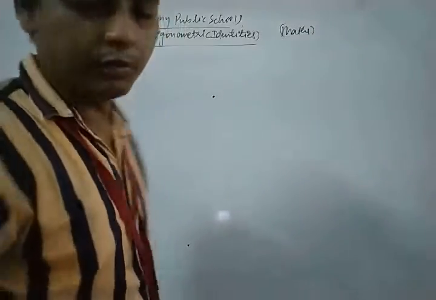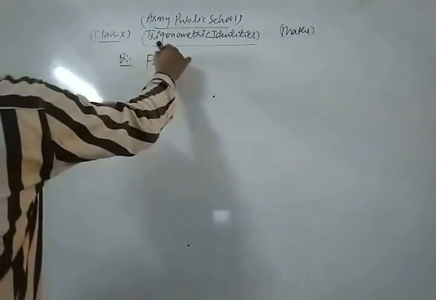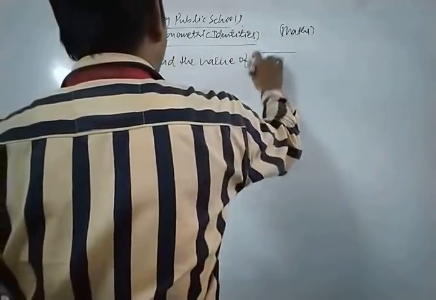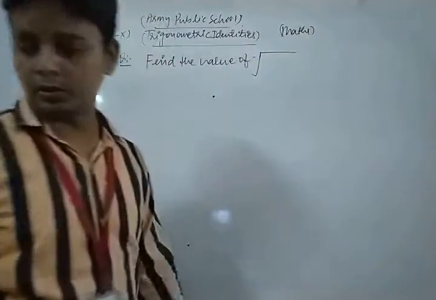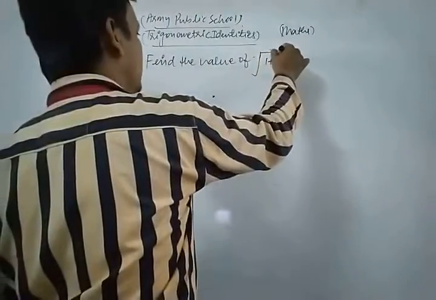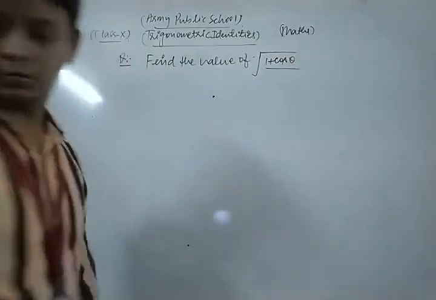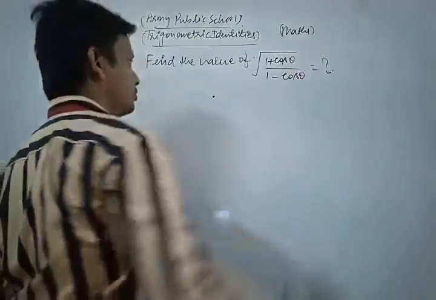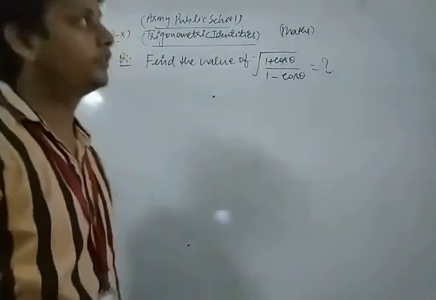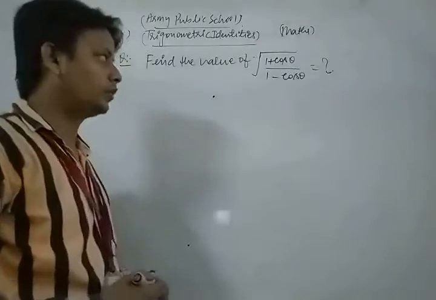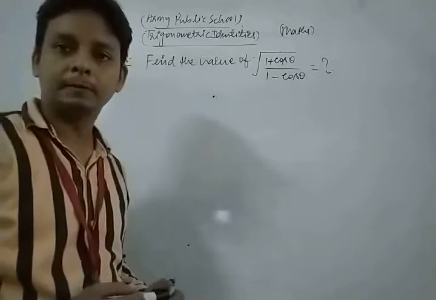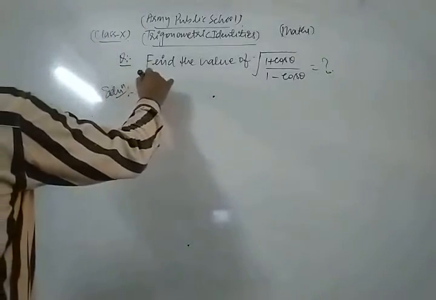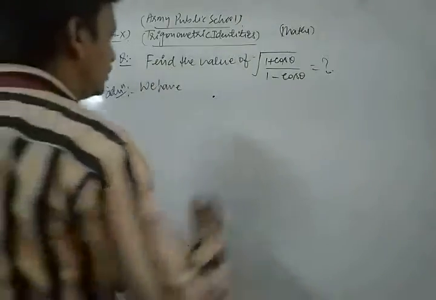Your question is find the value of square root of 1 plus cos theta upon 1 minus cos theta. This is your question. What do I do for that? So first of all, what do we have?